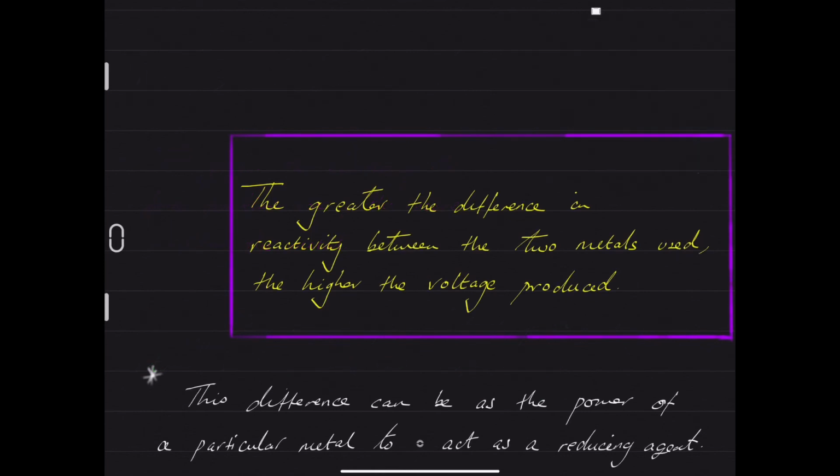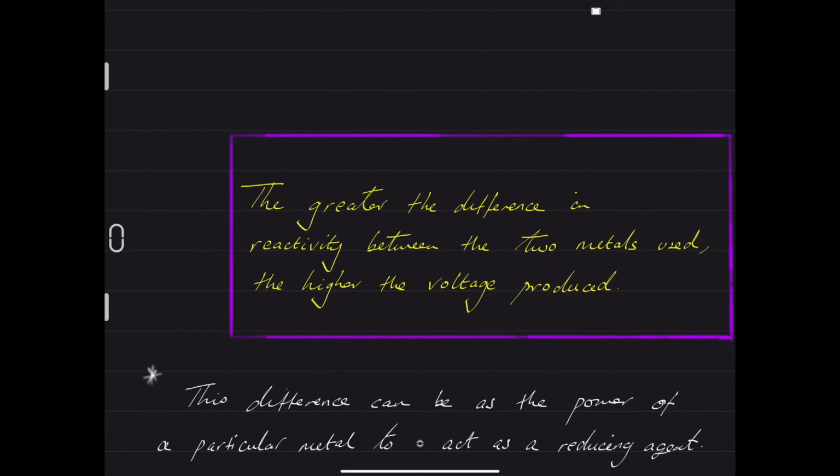Now, in terms of reactivity, we are basing the selection of the metal rods on the reactivity series, because this impacts the voltage of the cell that we are using. What we say is that the greater the difference in the reactivity between the two metals used, the higher the voltage produced.